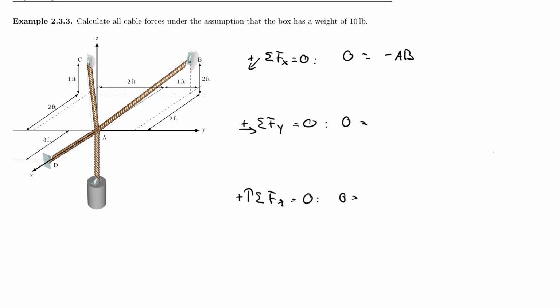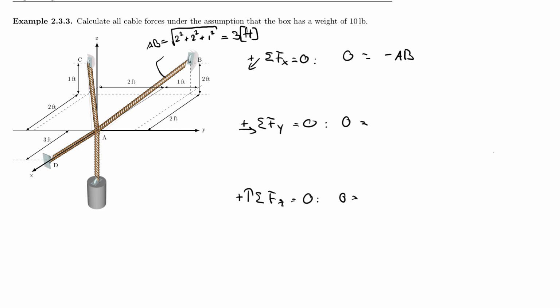I forgot that. So what is the length here? So the length AB is equal to the square root of 2 squared plus 2 squared plus 1 squared, and that is equal to the square root of 8 plus 1, so that is equal to 3, right? So that is 3 feet long.